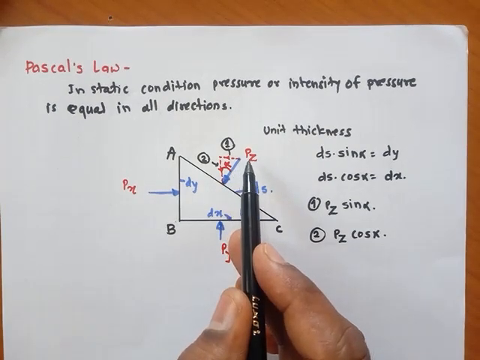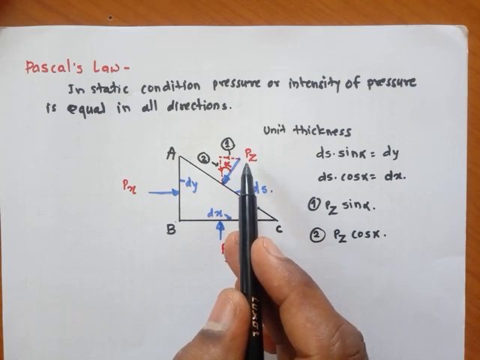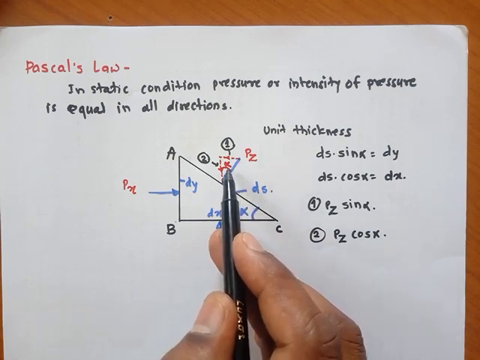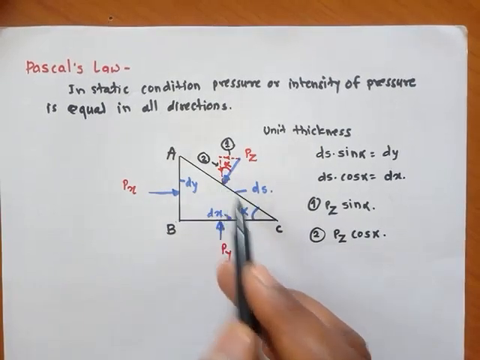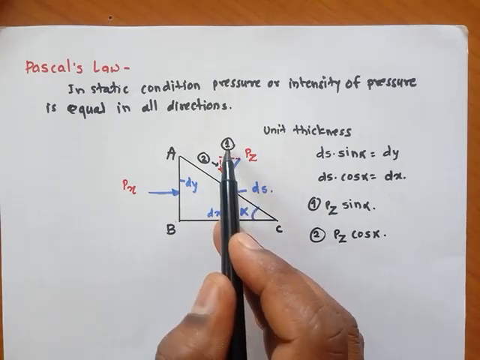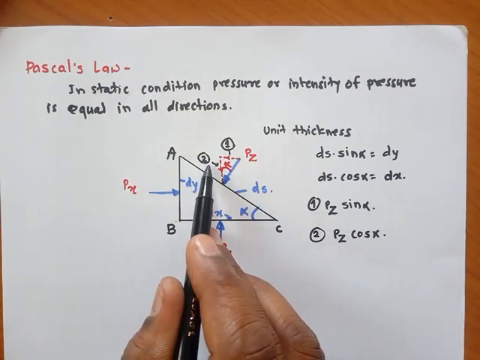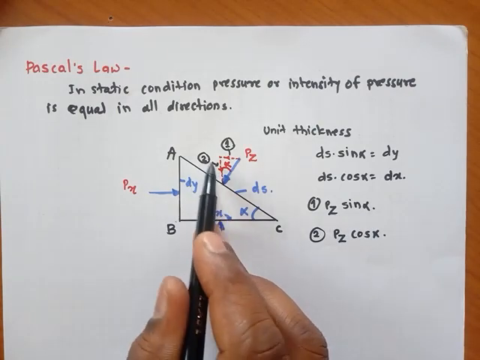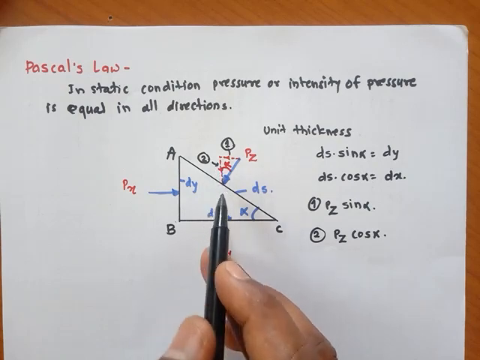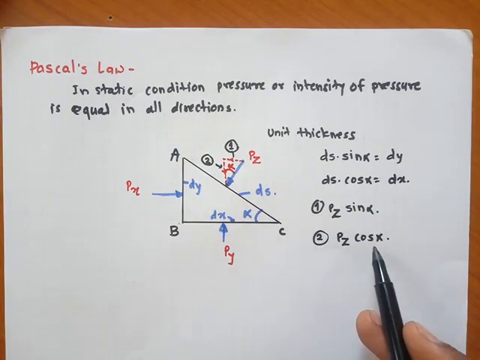Now if we resolve this Pz pressure at angle alpha, we get Pz sin alpha as the first component, and the second, in the downward direction along the y axis, is Pz cos alpha.